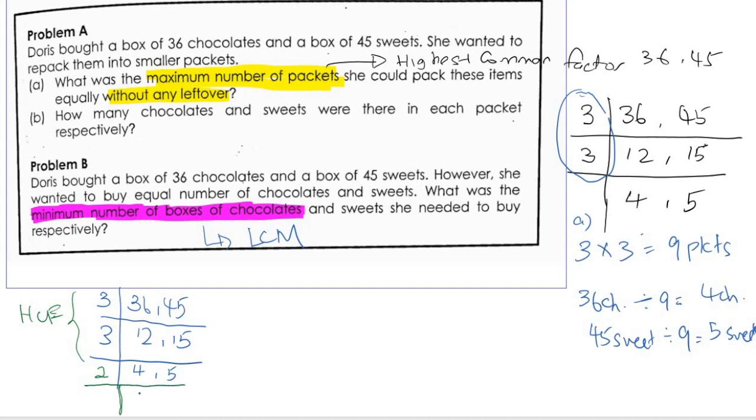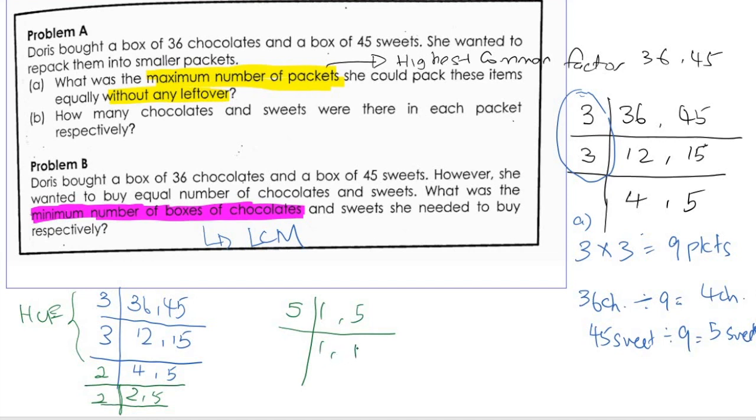So I have 2, 5. I start with 2 again. Can I repeat here? I will have 1, 5. In this case, can I still go for 2? No. Then 3? No. 4 is not a prime number. Then I go for 5. Yes. Until I get 1, 1.